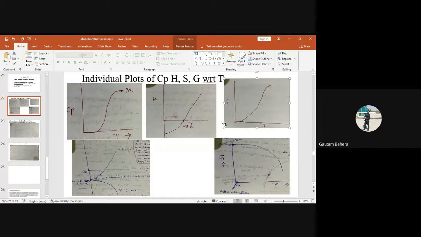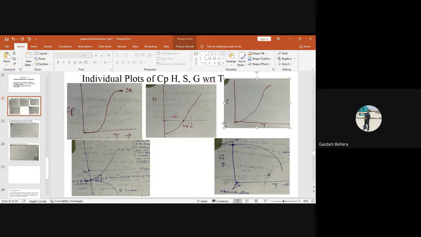And basically, there is an entropy called configurational entropy. The configurational entropy will come into the picture when we have two components or more than two components, or you can say more than one component. Suppose I am dealing with steel, for example. Steel contains iron and carbon. So once you are adding carbon into iron, configurational entropy will be there.